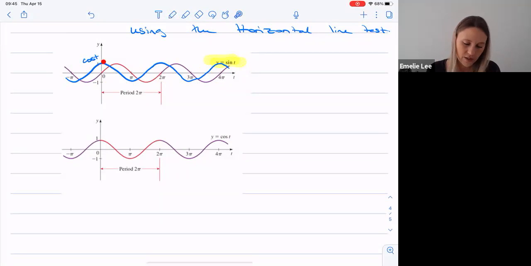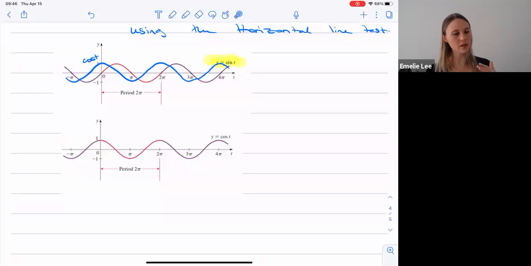The cosine starts up here, right, at 0, 1. And then this is the sine. They're appearing in alphabetical order, right? C comes before S, and that's how I remember where they are. But you can also think about the unit circle, right? Cosine is the x value, and you start on the positive x-axis where x is 1, y is 0, right? There's lots of different ways that you can remember this.